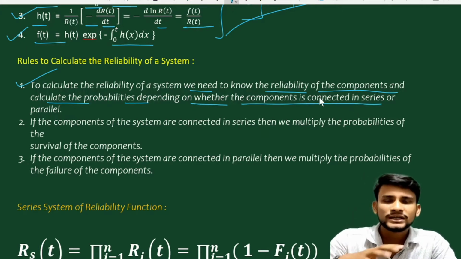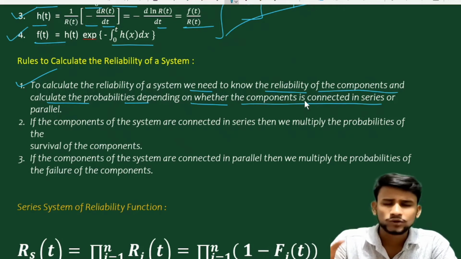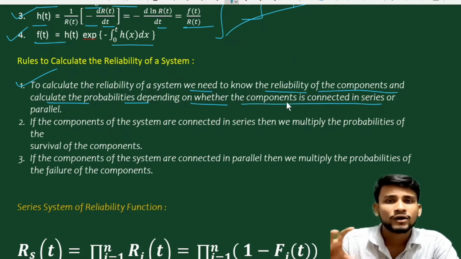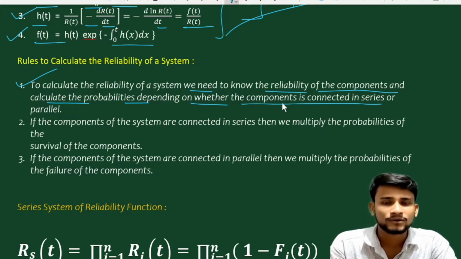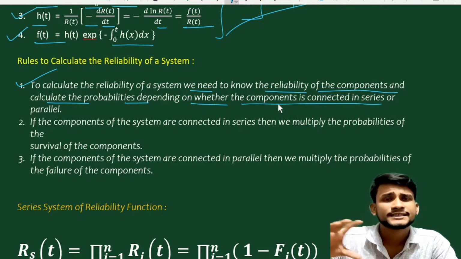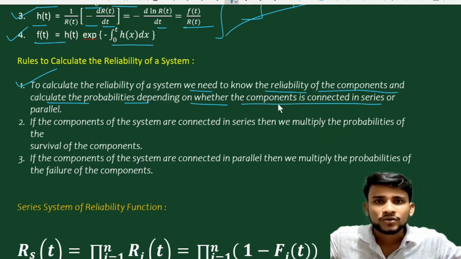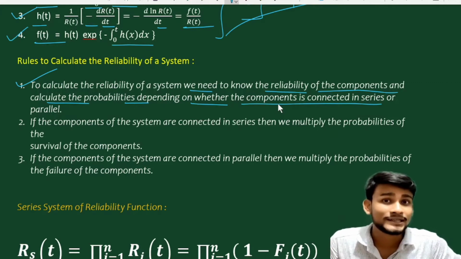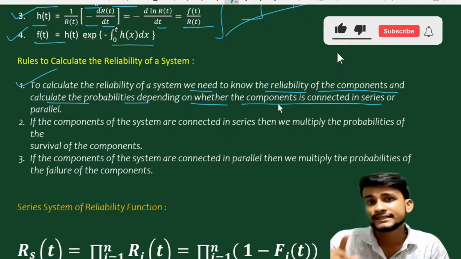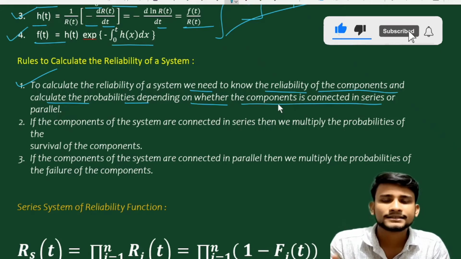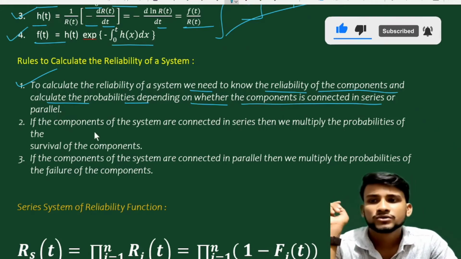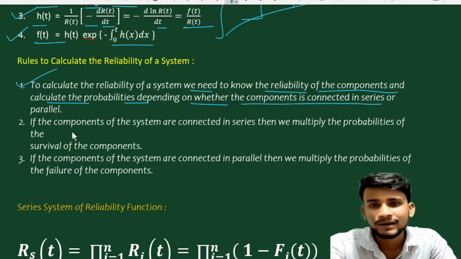Obviously, the components we use in our home electricity are connected in a parallel system. An example of a series system is the chain light we use for Diwali lights. So these are two examples of the series system and the parallel system.